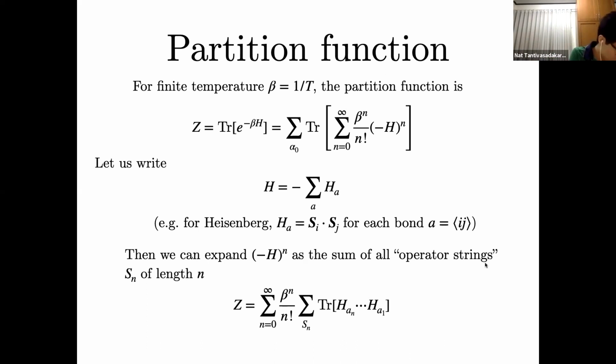What I mean here is that S is just some label from 1 to n, and for each index from 1 to n, I'm labeling A1, A2, and so on. It might be repeating, but by summing over this operator string, I'm summing over all possible insertions that I can put into the Hamiltonian.